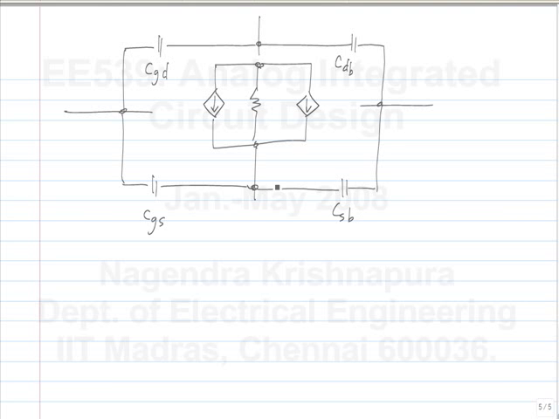And this is done typically in the saturation region, that is when you want to use the MOSFET as an amplifier. Okay.